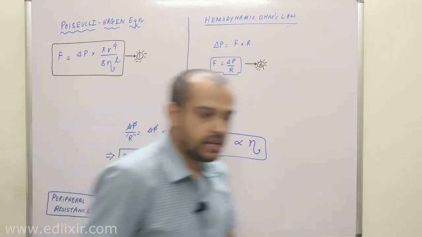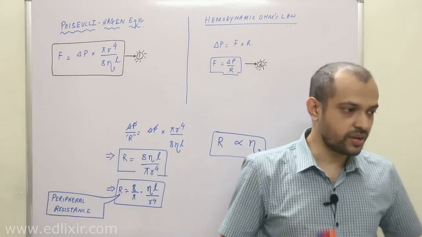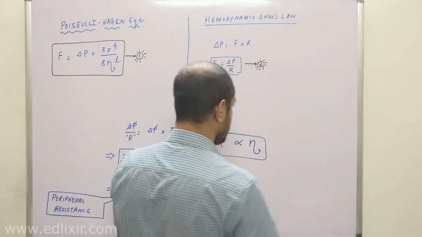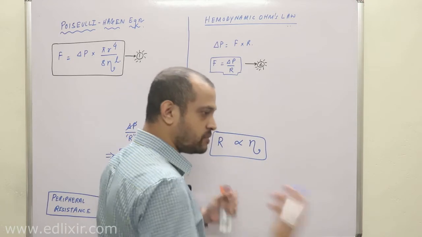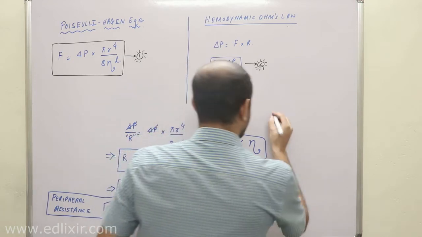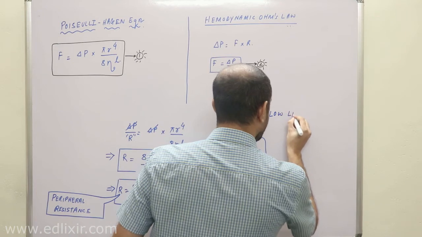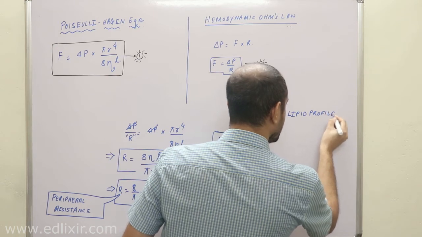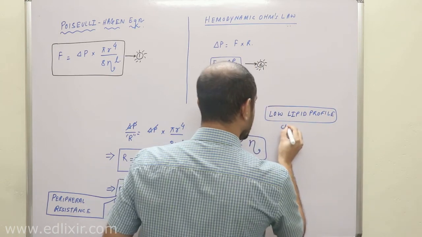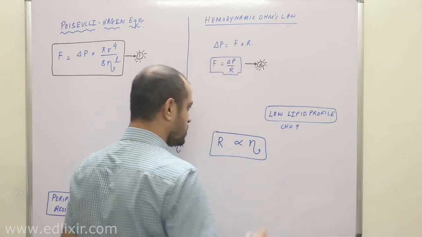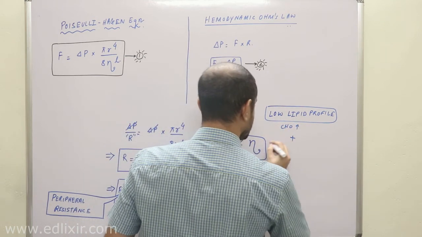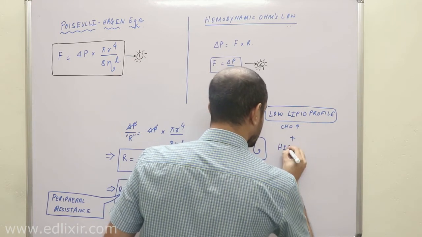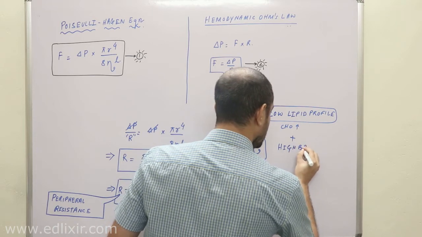That means if you are seeing that a person has high blood pressure and a very bad lipid profile, very high lipid content in his blood, that means cholesterol has increased in his blood, and plus high BP.